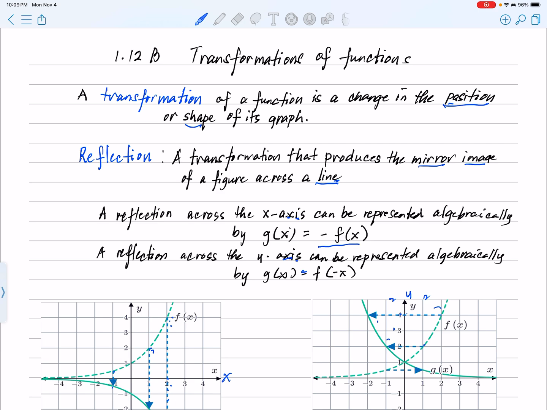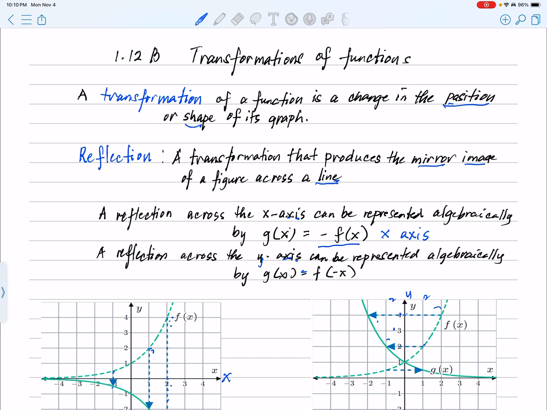So when you see a negative in front of the function of x, that means it reflects across the x-axis. A reflection across the y-axis can be represented algebraically by g of x equals f of negative x.